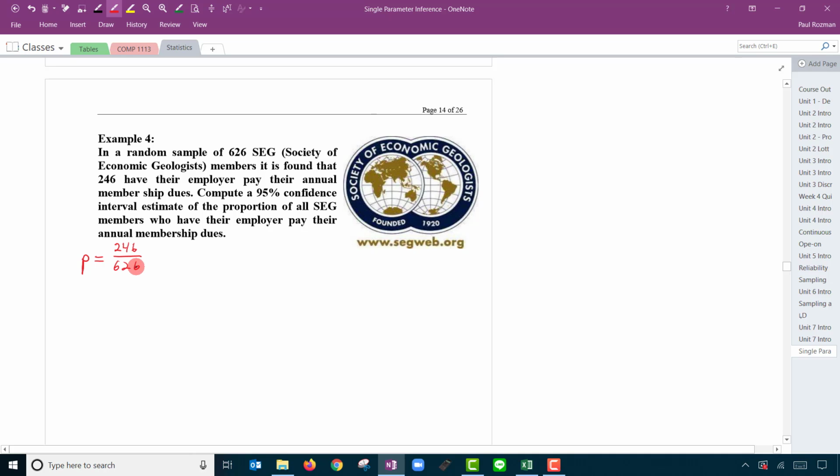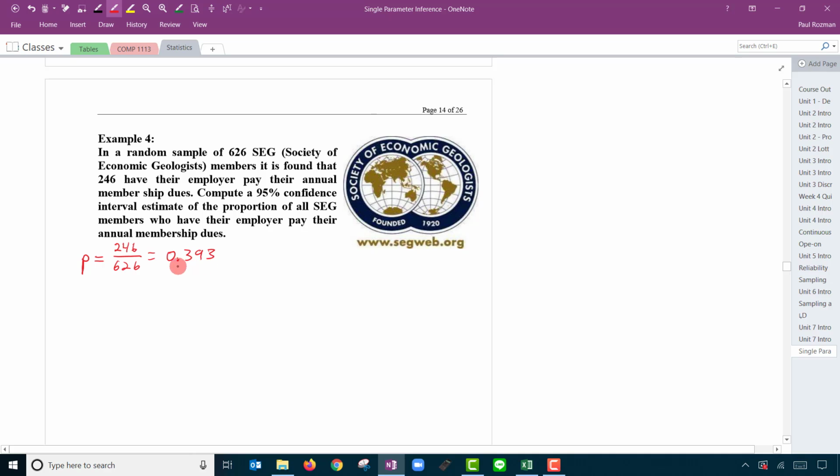Now, this is a big group, so this is certainly a sample from that group. We'd like to estimate the proportion of members who have their employer pay their membership dues. Basically, what is the proportion for the whole population? We know the proportion of our sample. It turns out to be about 39%, 0.393.